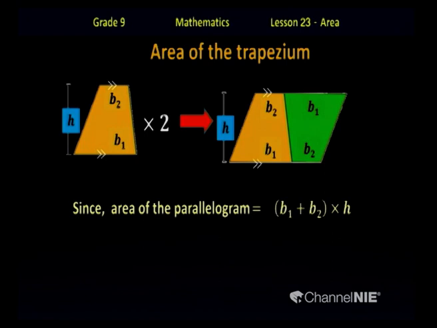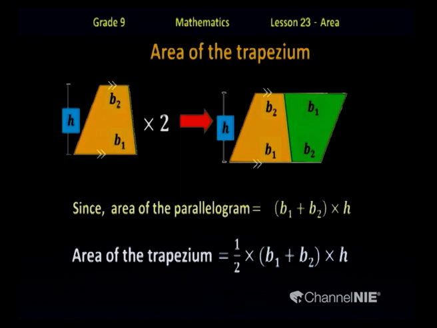Because it is the base of the parallelogram. The base is formed by joining the sides b1 and b2, so the base is represented as b1 plus b2. And the height is denoted simply by h.